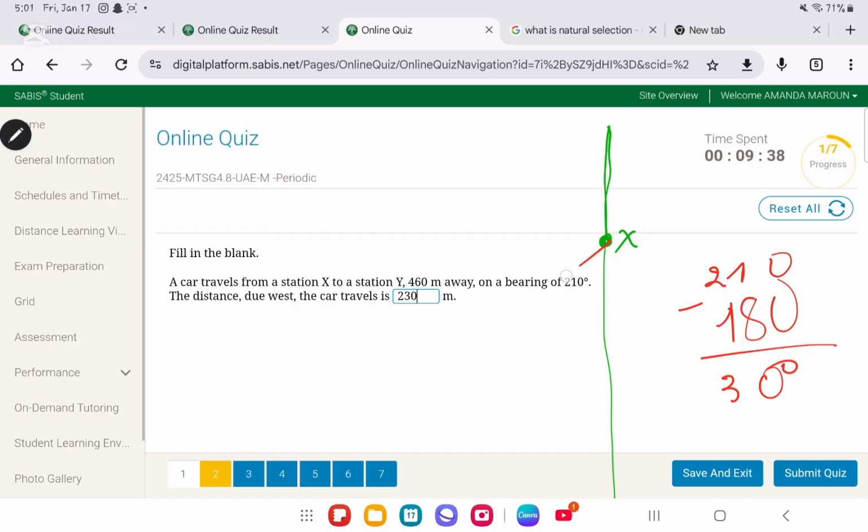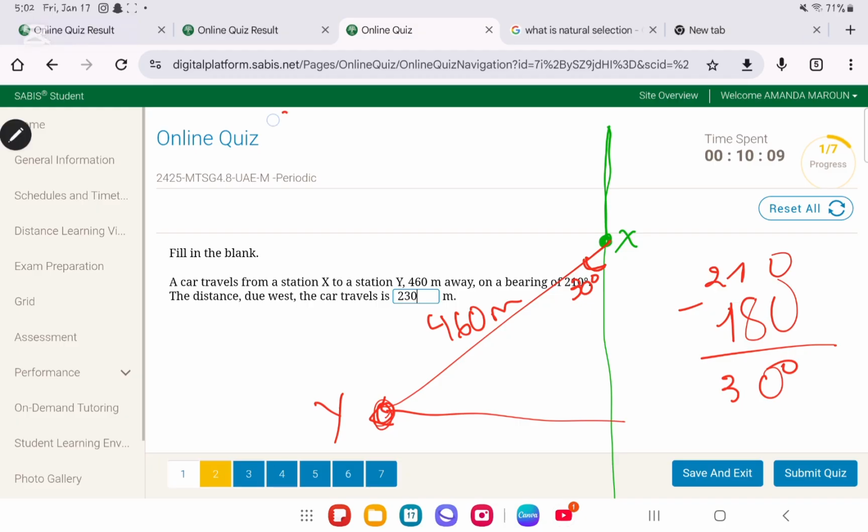This is the angle made from x to y. And we are given that the distance from x to y is 460 meters, with a bearing or angle of 30 degrees from what we understood, okay?